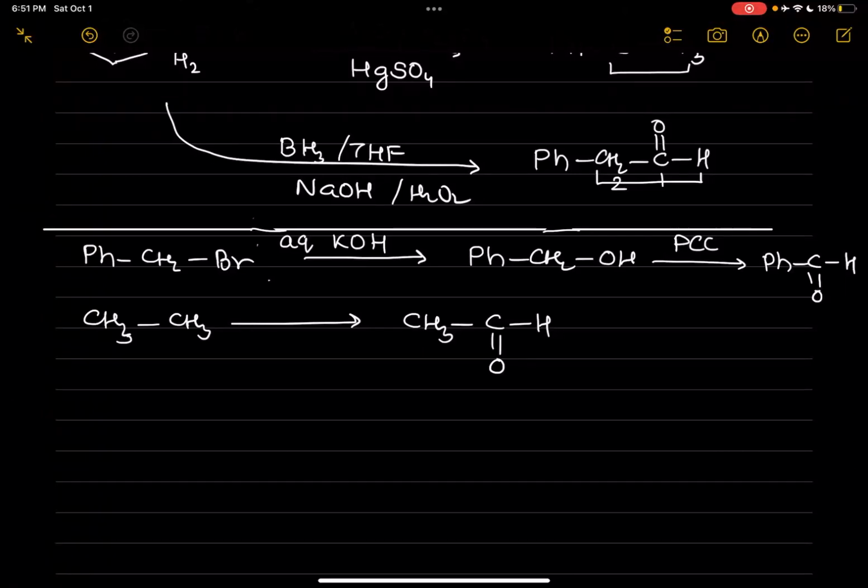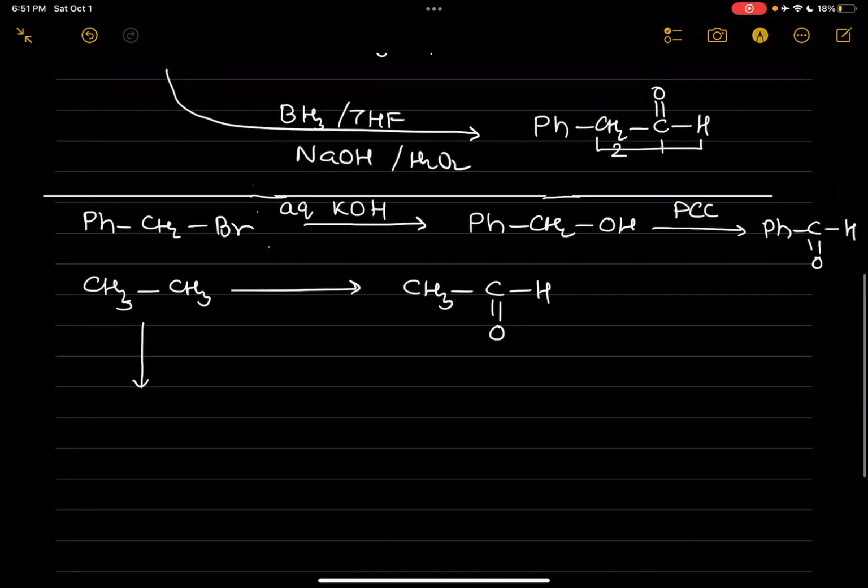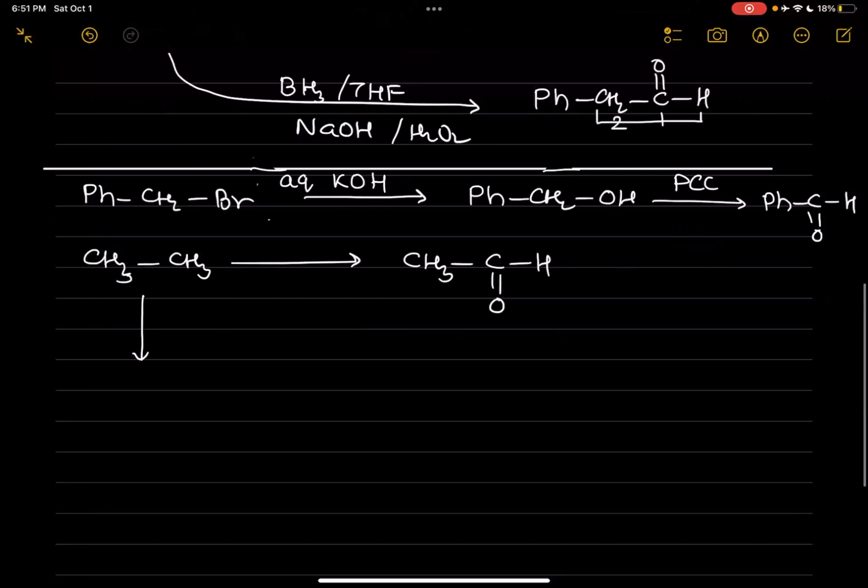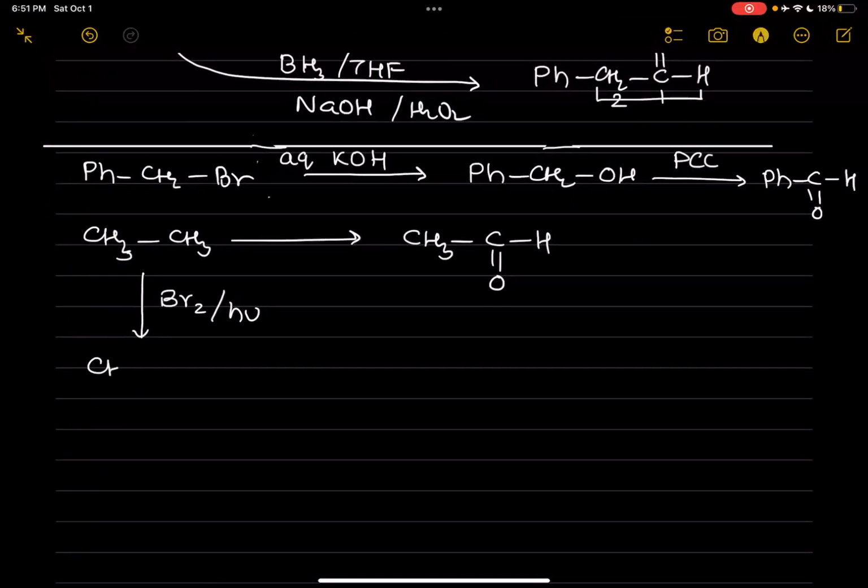First you have to bring in the Br. So how will you bring in the Br? HBr, no, that is on alkene. On alkane, the best way to bring in the Br is by photohalogenation. Is it clear or not? Could you recall photohalogenation of alkanes?